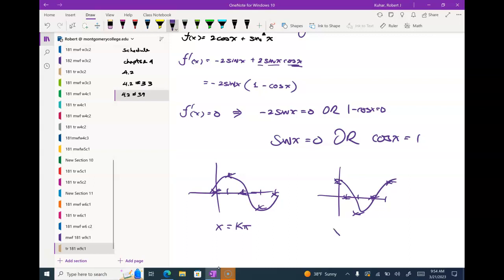So 2k pi. Agreed? When do I get cosine equal 1? At 0 pi, at 2 pi, at 4 pi, at 6 pi. You remember doing those in pre-cal? Where you had to say it was pi over 6 plus another time around the circle plus 2k pi.